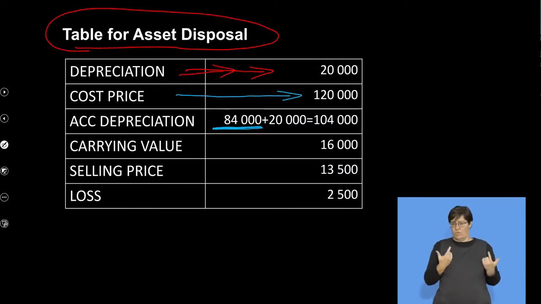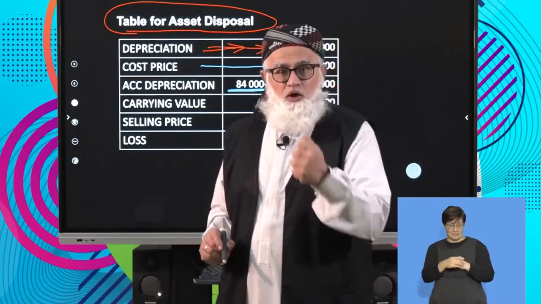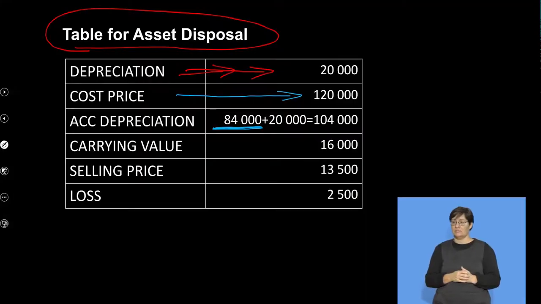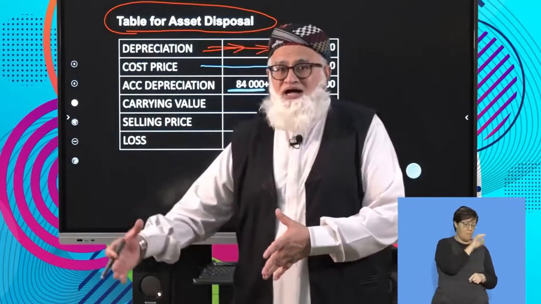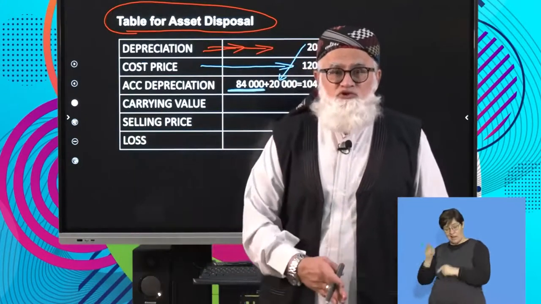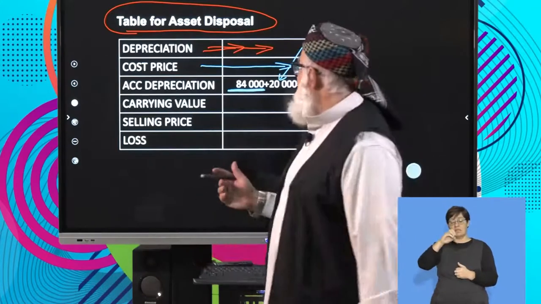Now, add my current depreciation. What would I do here? I say plus the 20,000. Where does it come from? From my calculation. I've already calculated that 20,000. That means for this financial year, from March until when I dispose of the asset, that depreciation worked out to 20,000 Rand.